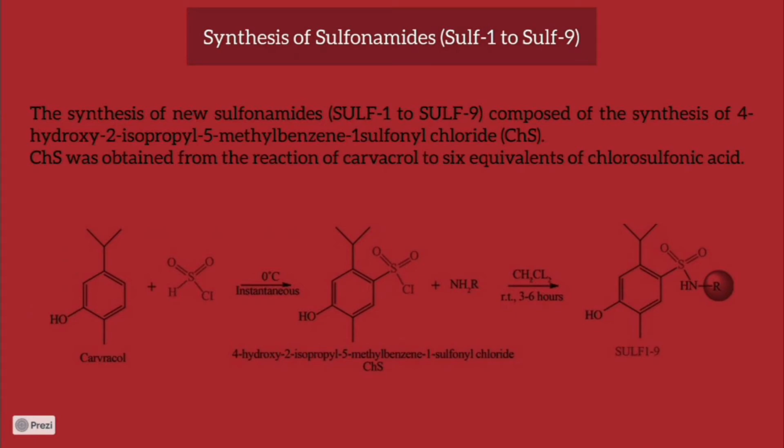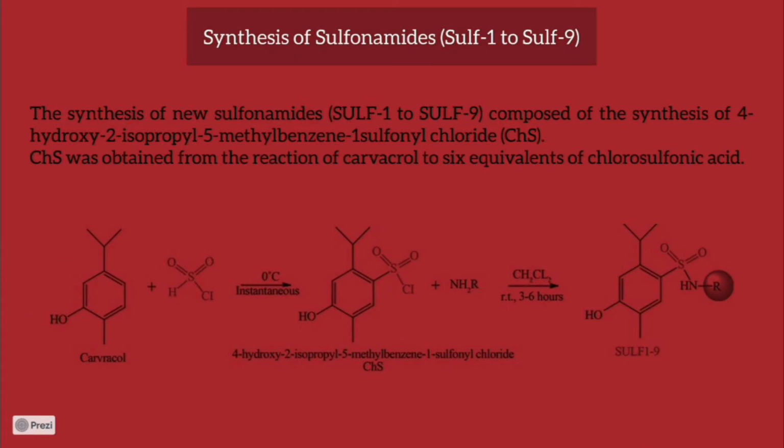This reaction occurs instantaneously at 0 Celsius to give CHS, plus an amino group which is combined with an R group. For this reaction to complete will take 3 to 6 hours in the presence of dichloromethane to give sulf1 to sulf9 products.